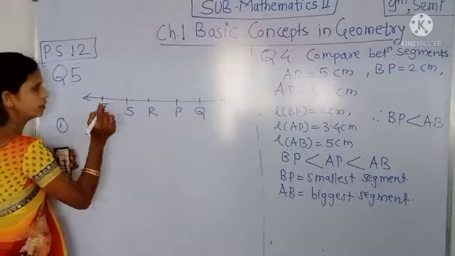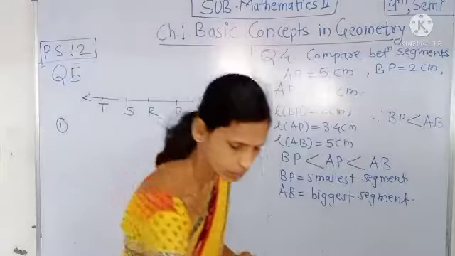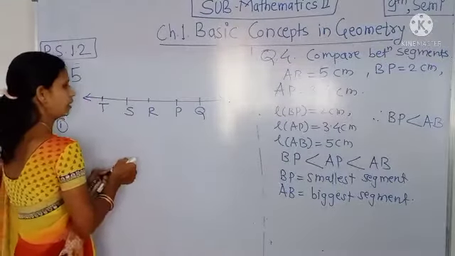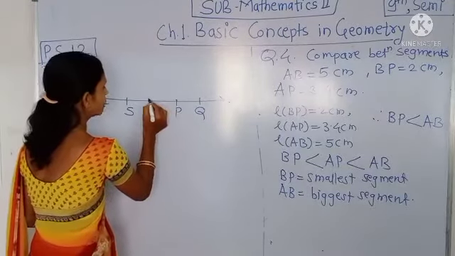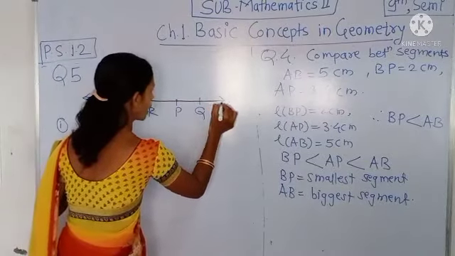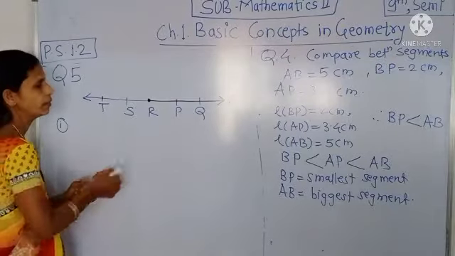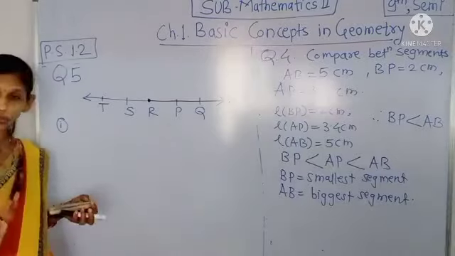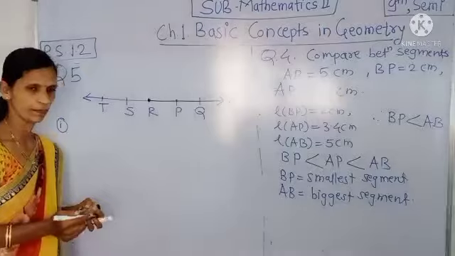Then see here, we have to focus on ray RP first. The endpoint of that ray is R. Therefore ray RP is here, which is shown by the black colored pen. Then we have to write the opposite ray of that ray RP.